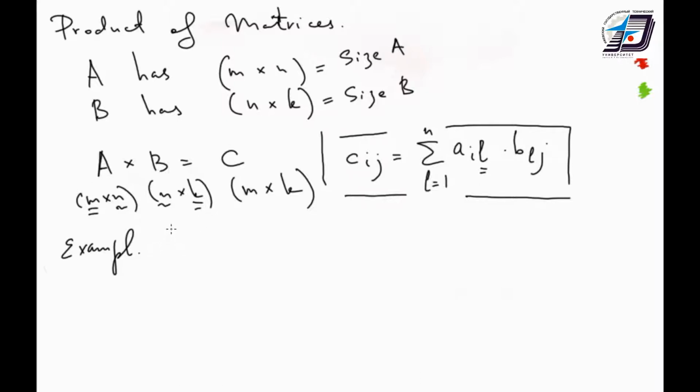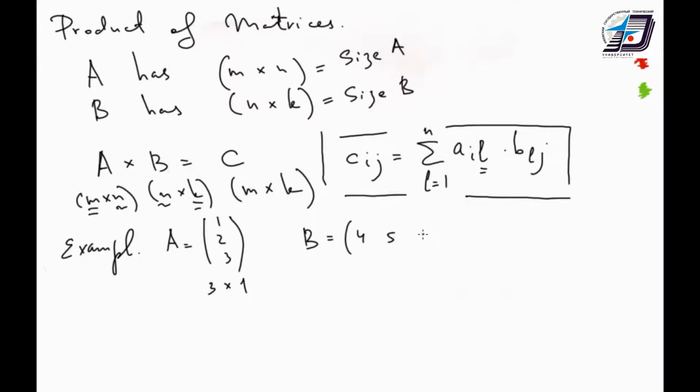For example, now I want to explain some examples. A equals 1, 2, 3 elements. So this matrix has 3 rows and 1 column, and the B matrix is the inverse kind of matrix, transposed to A. So it has, for example, 4, 5, 6, a row matrix.